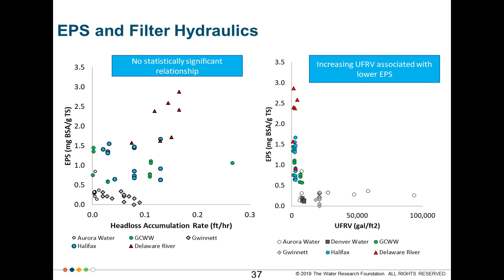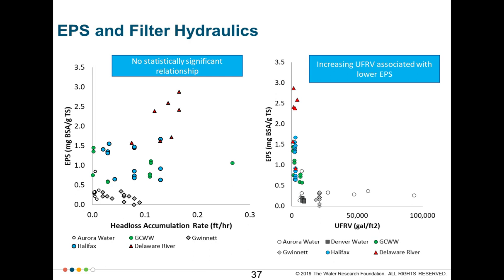What we found when we looked at EPS concentrations versus head loss accumulation rate and unit filter run volumes was no direct statistically significant relationships between EPS and head loss accumulation rate. And we did look at both individual utilities and these figures that have all of the compiled data for each utility.